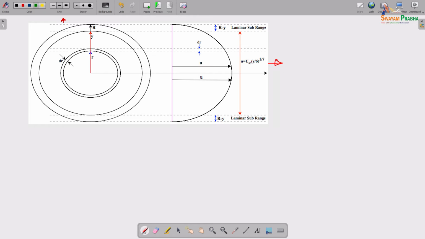This is the laminar sublayer, right. This is valid here as well as here. Yeah, okay.